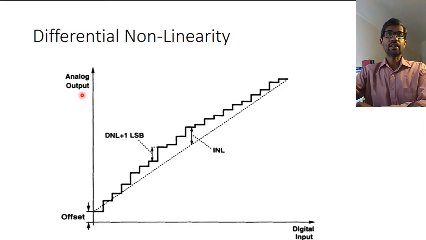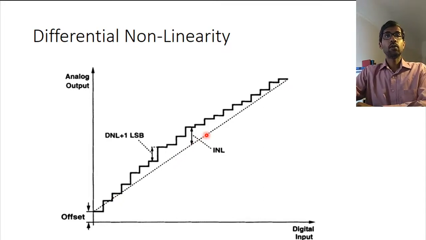It's ideal in the sense that we are drawing a straight line between the lowest value of the digital input and analog output and the highest value, and we join them with a straight line. That's what this line is.